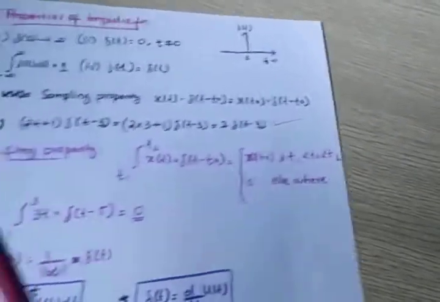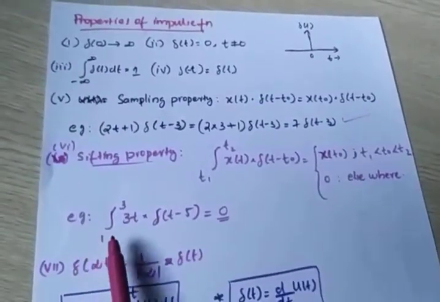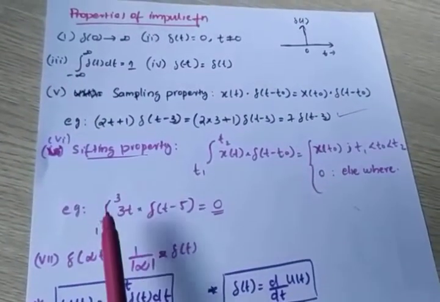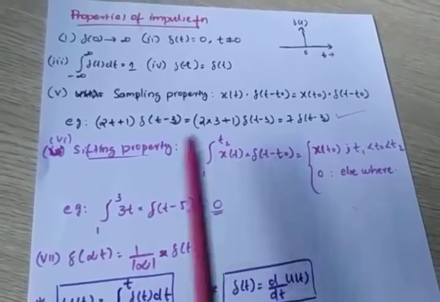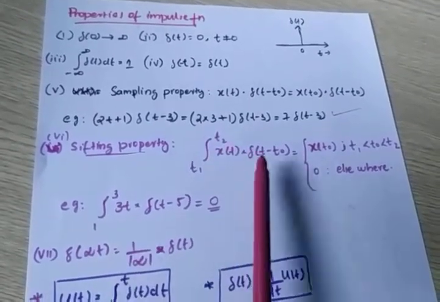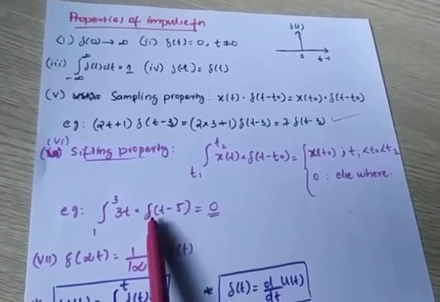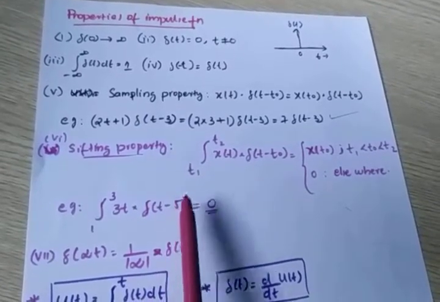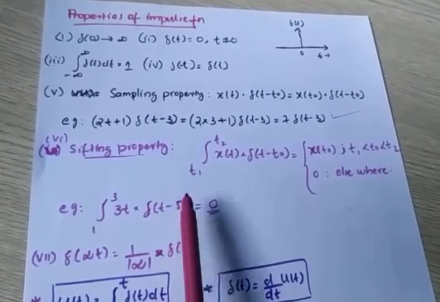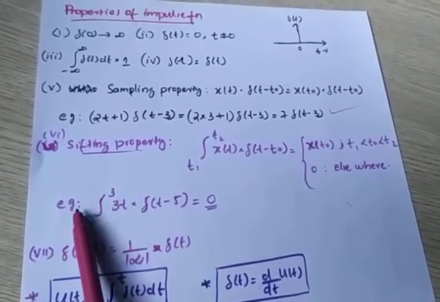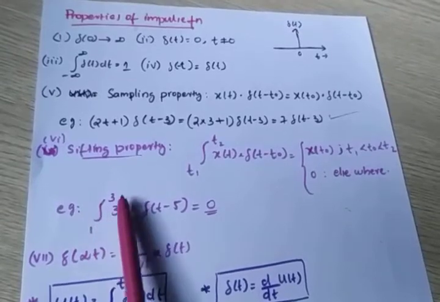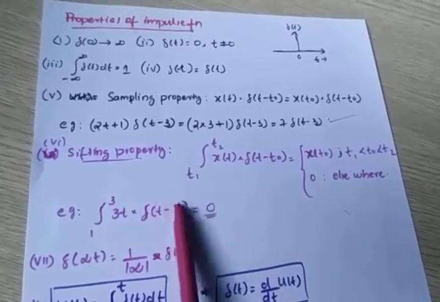Look at this example: integral from 1 to 3 of 3t into del of t minus 5. What is x of t here? It is 3t. Del of t minus t naught here is del of t minus 5. What is t naught here? 5. Check whether 5 lies between 1 and 3. Is it? No, 5 is not in the range of 1 and 3, it is above 3.